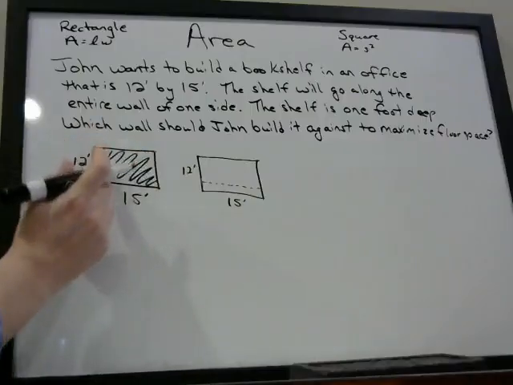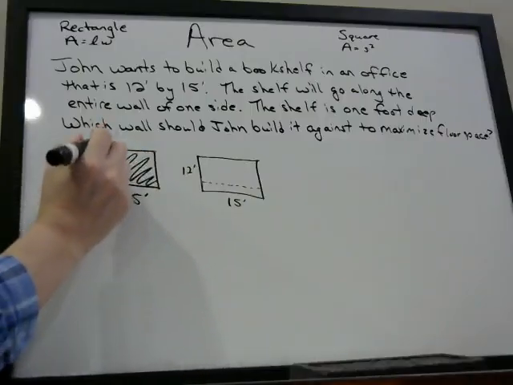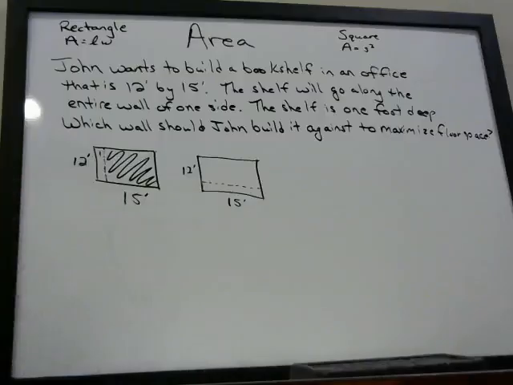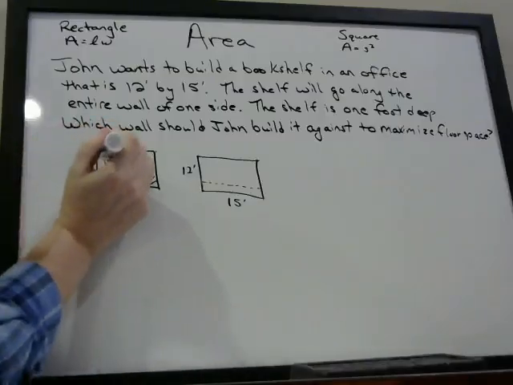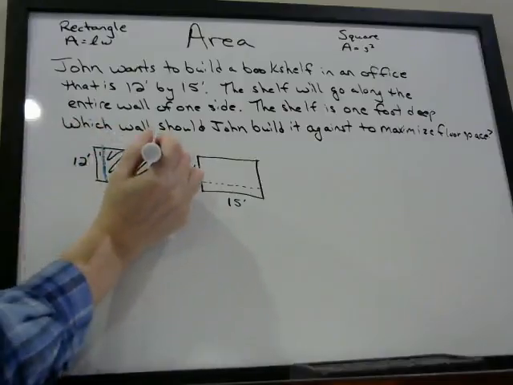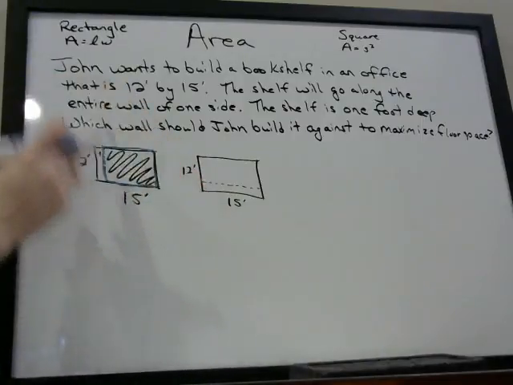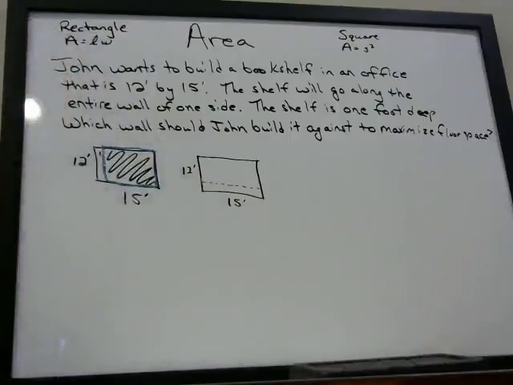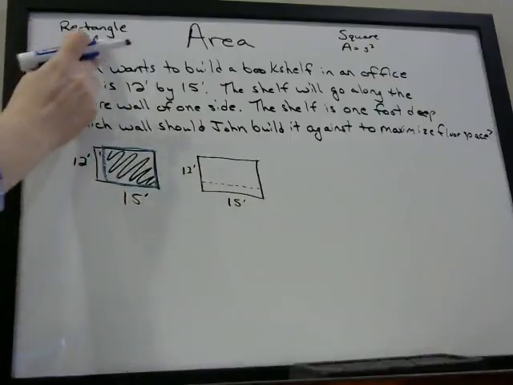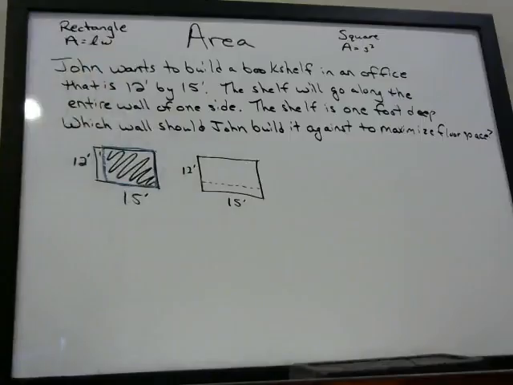So he puts the bookshelf on. This is still a rectangle, so we're still going to find the area by length times width. We just need to figure out what is the length and what is the width.